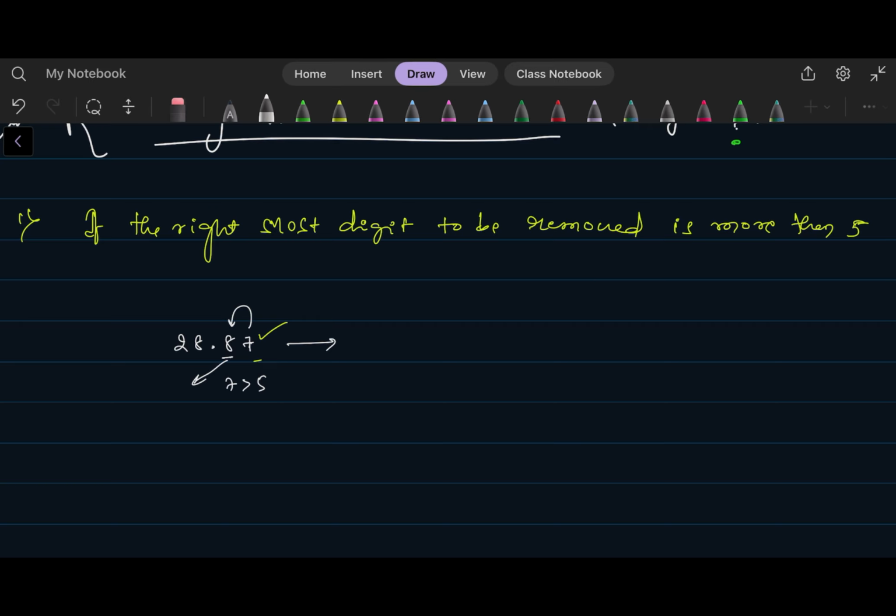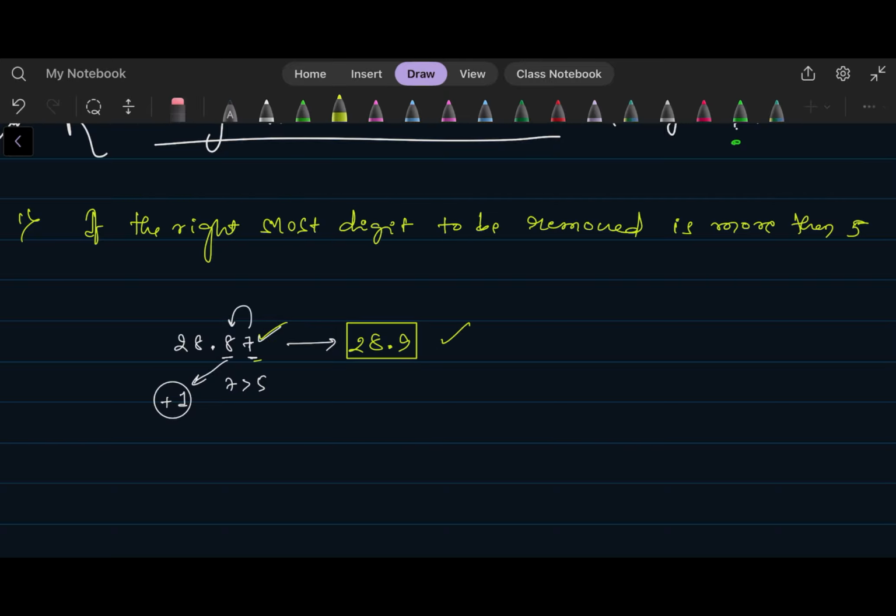To that preceding value we have to add +1. So it is 28.87, and 7 is greater than 5, that I want to remove. Then you can round off the value to 28.9.